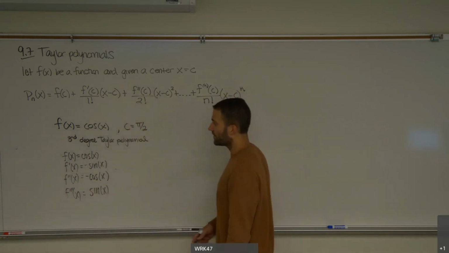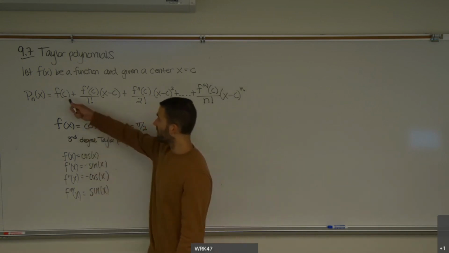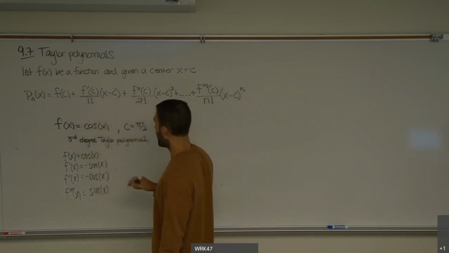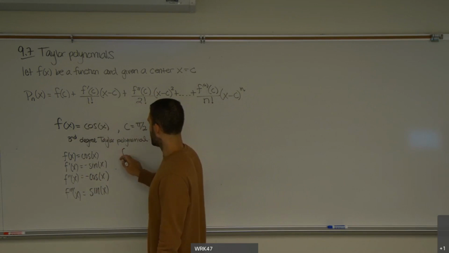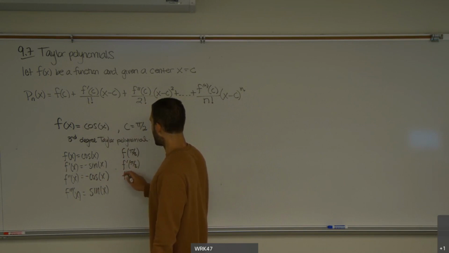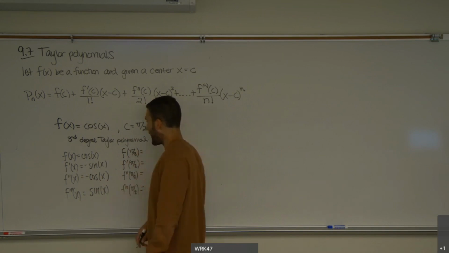Now, these are not the functions I want. I'm using the values of these functions at my center. And so I need what is f of pi over 2, what is the slope at pi over 2, what is the concavity at pi over 2, and what is the value of the third derivative at pi over 2. So I need to now take these derivatives and evaluate them at my given point.